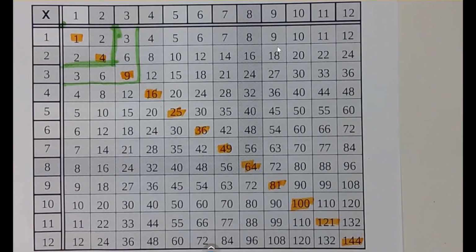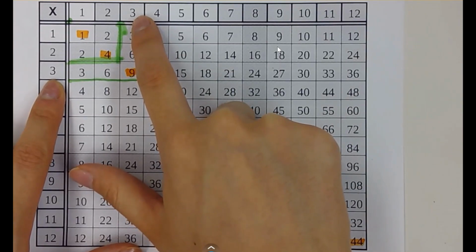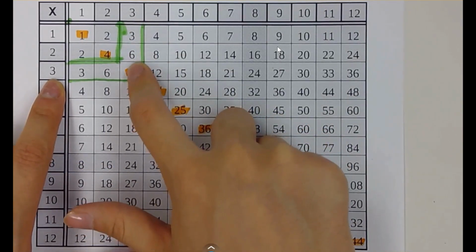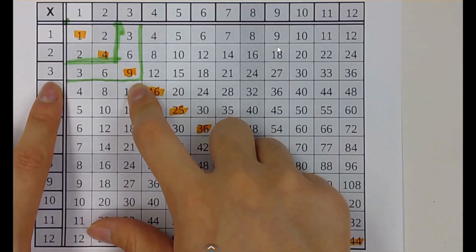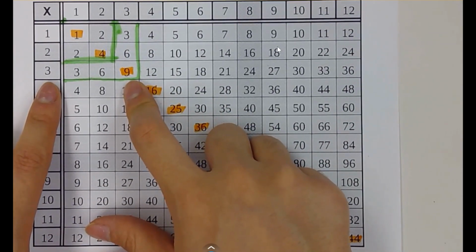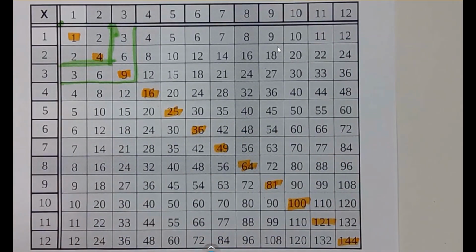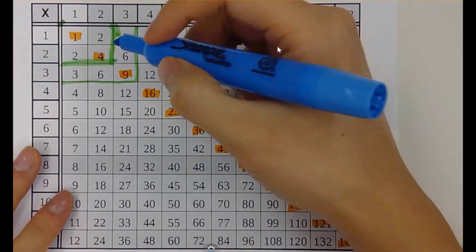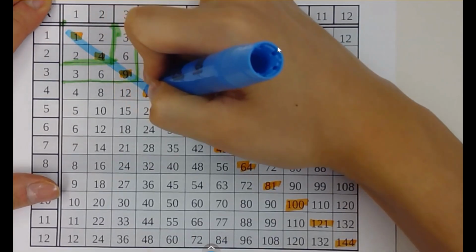Okay, let's move on to how to figure out square roots of perfect squares. Keep in mind that square roots are the opposite of squares. We figured out perfect squares by finding a number where two of the same numbers were multiplied. So to figure out the square root of a perfect square, first we find the perfect square on this diagonal.